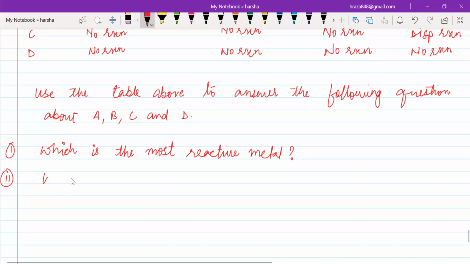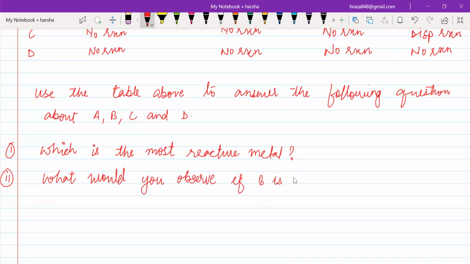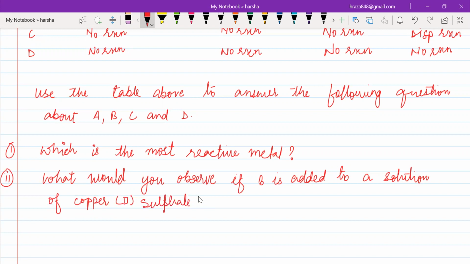The second is, what could you observe if B is added to a solution of copper 2 sulfate?